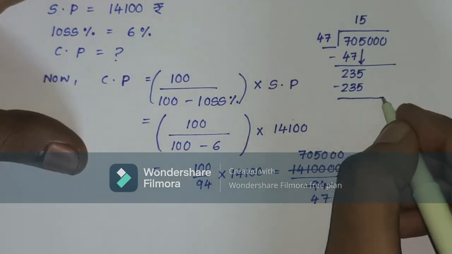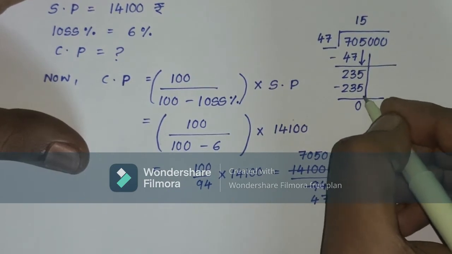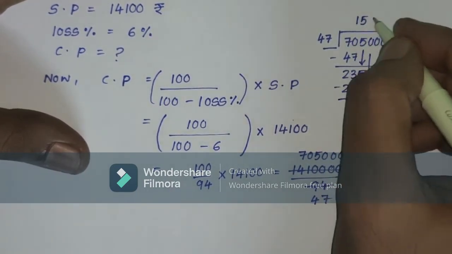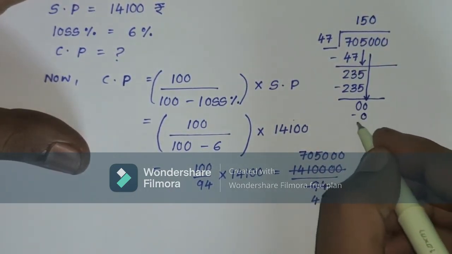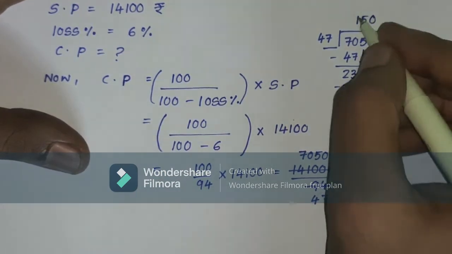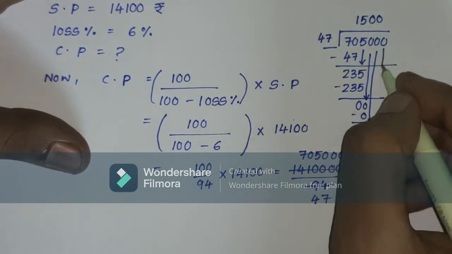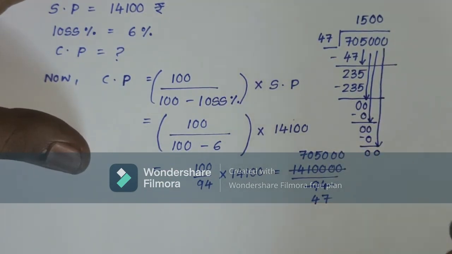Either you can go by this. So you get 0 when you subtract. Bring down the 0. Then 47 goes 0 times. Again bring down the other 0, 47 goes 0 times. Again bring down the last 0. Now you can stop.